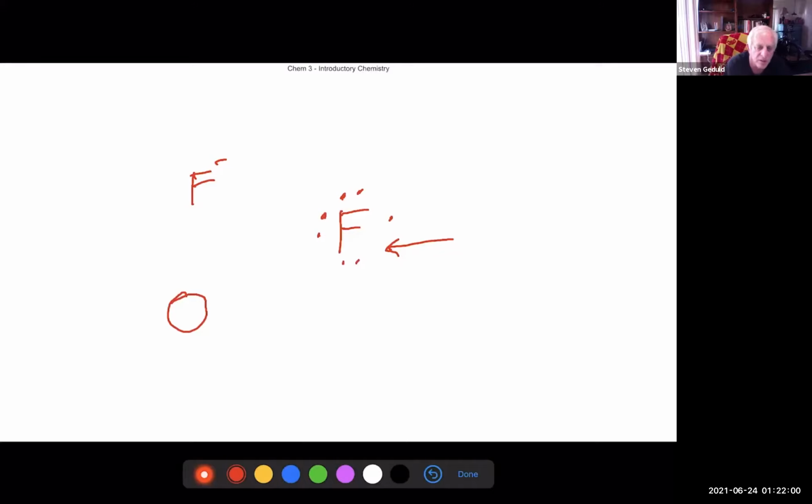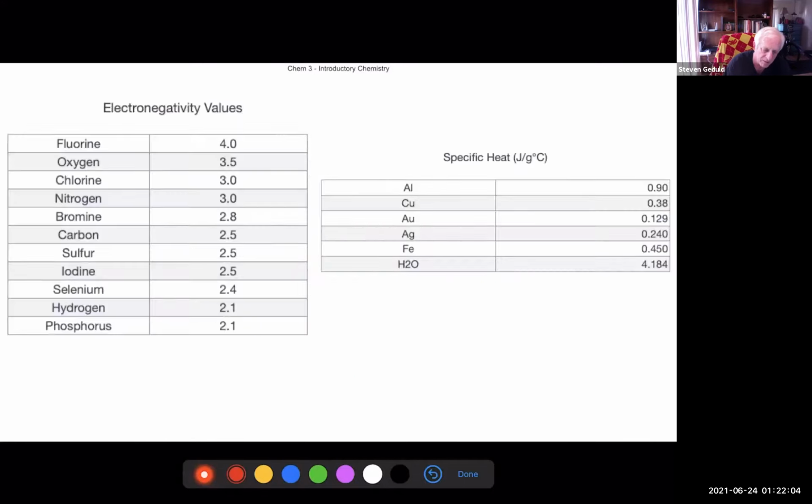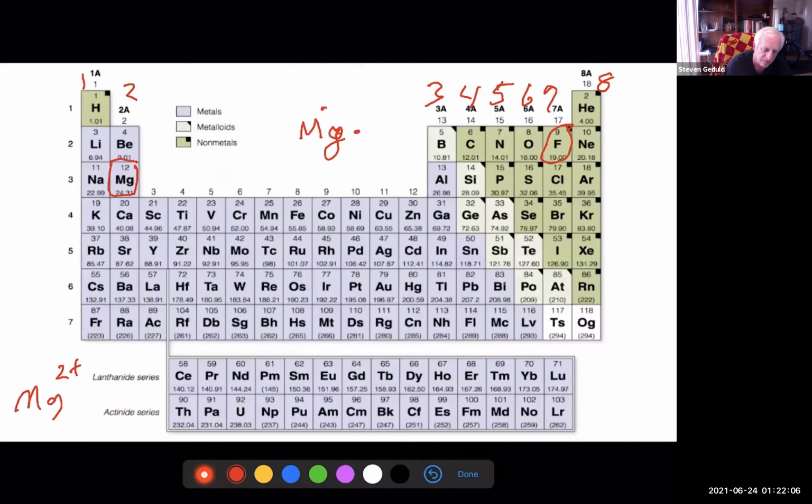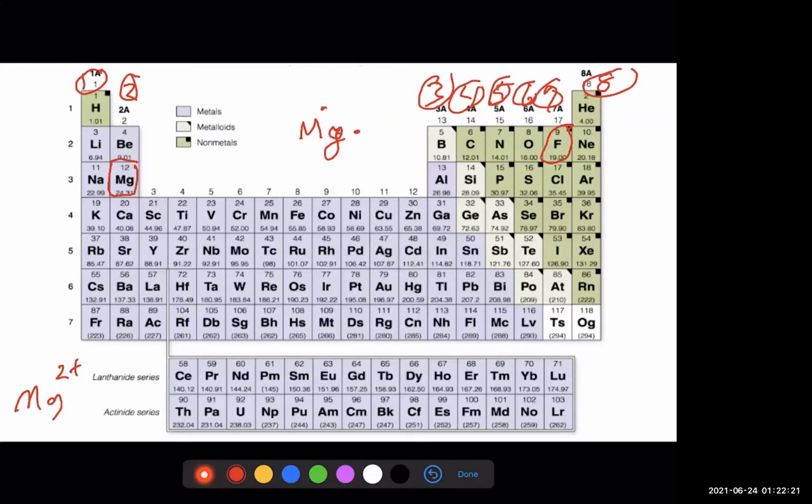Go back to our table here. This whole column has 1, this column has 2, 3, 4, 5, 6, 7, and then 8. So how many valence electrons does oxygen have? 6. Perfect. That's 6.